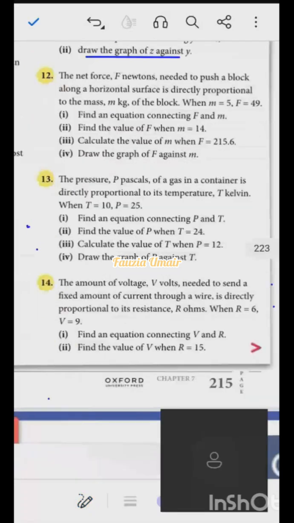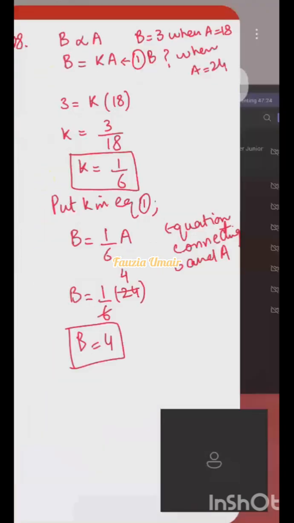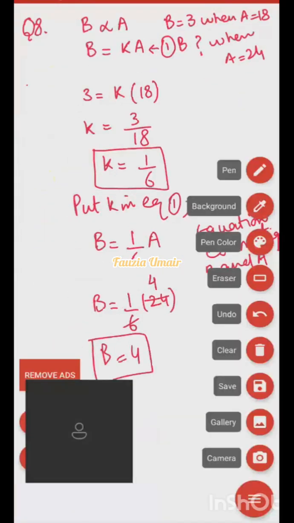See, pressure P is directly proportional to temperature. So how we are going to write it down, just like any other question. I am going to do question number 13. Question number 13 is pressure is directly proportional to temperature. So similar method, P is equal to KT, right?